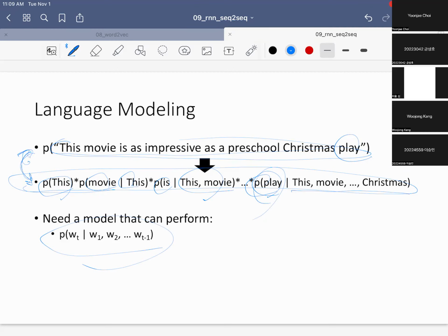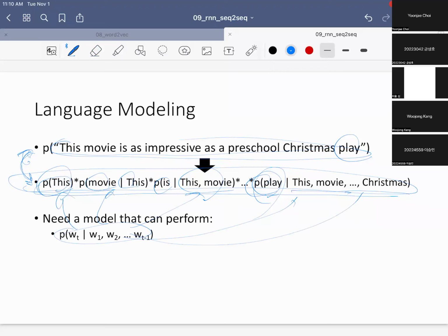So if you can theoretically model this probability, then you can calculate the likelihood of any text, because you can simply factorize it into this form and plug in this model here, here, here, and also here.